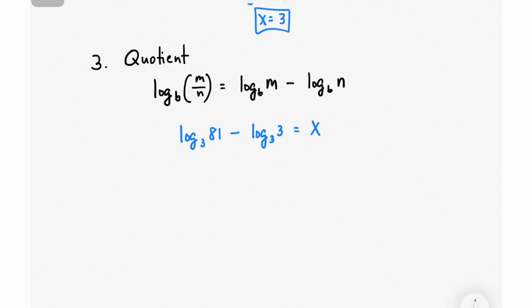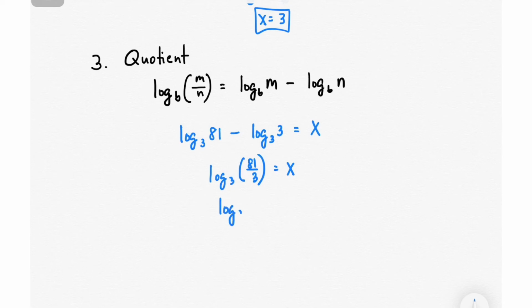Since the base on the left hand side is the same, you can divide 81 by 3. So it will be like this, log base 3 of 81 over 3 equals x following the quotient property.